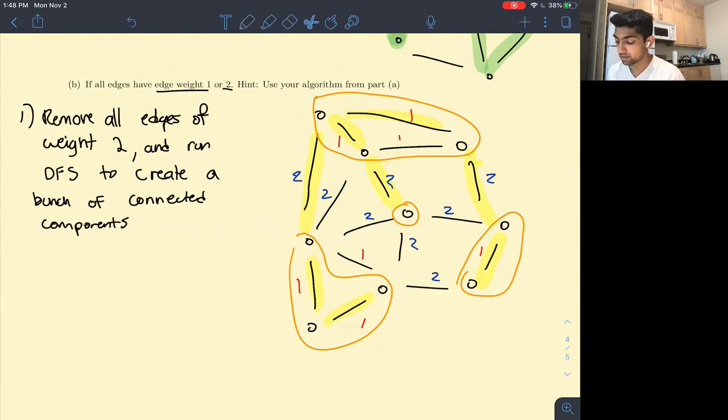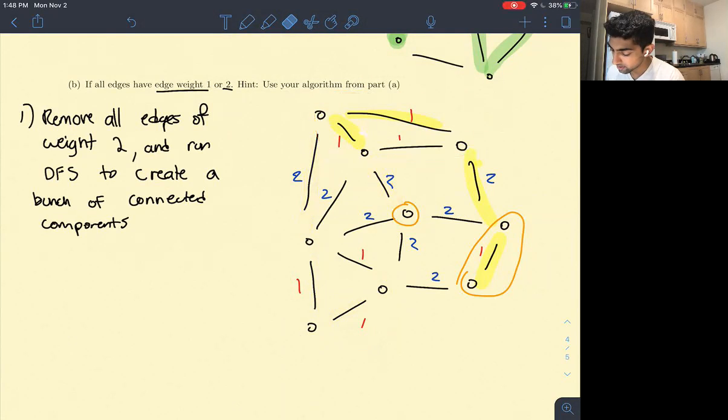Okay, so let's see what I mean by this. I'm going to get rid of these yellow edges. Okay, there's so many. Let me quickly get rid of these yellow edges. I want to start from the initial state.